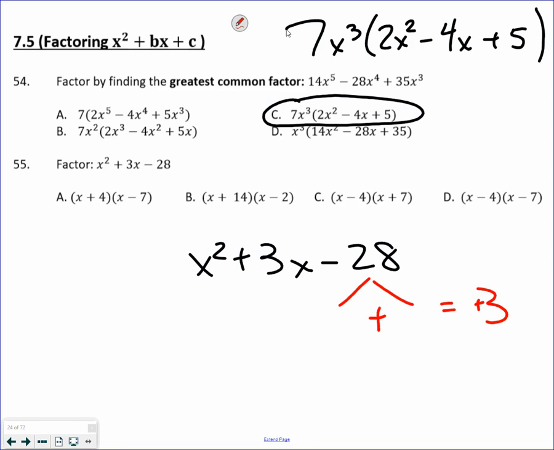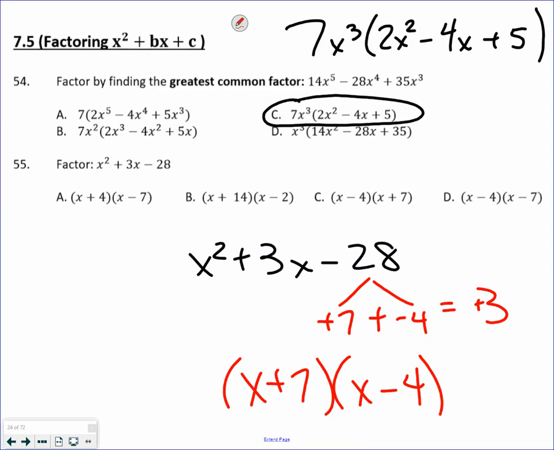You're looking for two things that will multiply to be negative 28, and the signs do matter. So a positive 7 times a negative 4 multiplies to be negative 28 and adds up to be 3. Since there is no number in front, you can go straight to the answer. Those magic numbers will turn into your parentheses, x plus 7 and x minus 4.